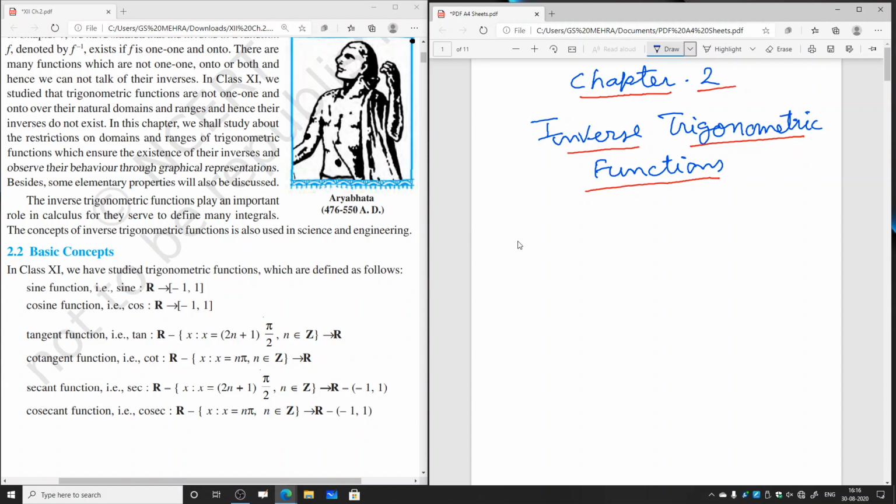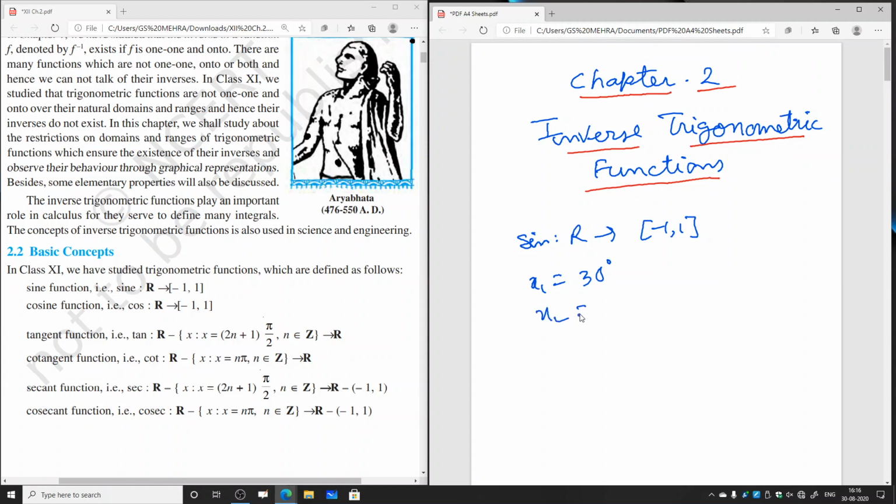Sine is a function from the set R of real numbers to the closed interval -1, 1. Now, suppose let us take two values from the set R of real numbers, say x1 equal to 30 degree and x2 equal to 150 degree.